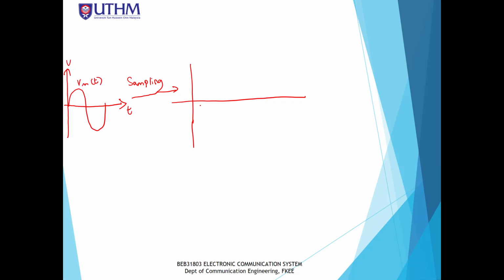Okay, and when I do the sampling, I will take samples. So for example, I take a sample, I take another sample, I take a sample, so I sample at Ts, 2Ts, 3Ts, and so on. Okay, so here something like this. So this is 4Ts, 5Ts, for example 6Ts.